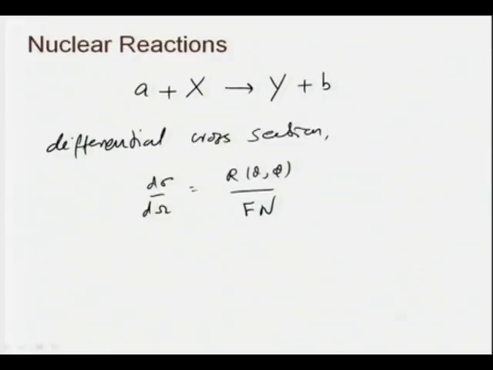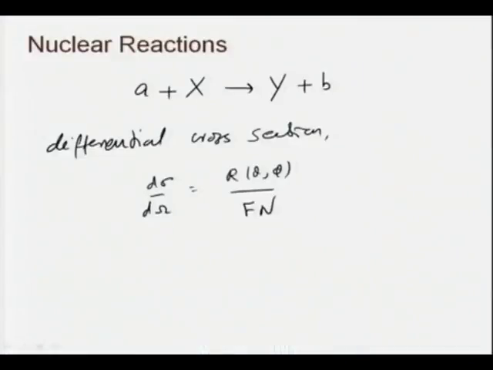Basically, this r theta phi here is the rate of particles, the projectile or the particle of type B, coming out at polar angle theta and azimuthal angle phi, and d omega is the solid angle of the detector. f is the flux of the incident beam, and n is the number density of the target x nucleus.